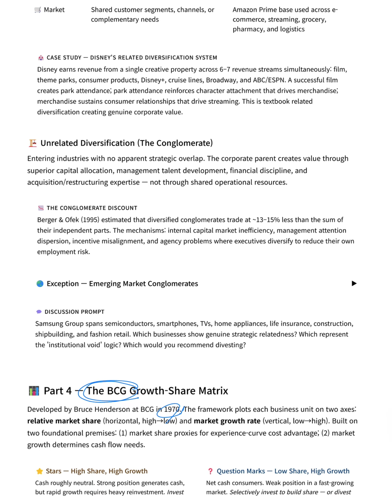So it was in this context that the Boston Consulting Group, BCG, the famous consulting group, under the leadership of Bruce Henderson, developed the growth share matrix, more commonly known as the BCG matrix.